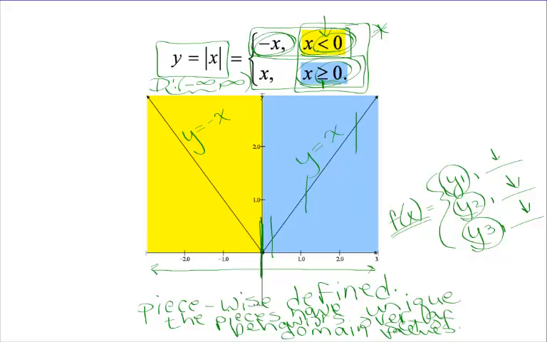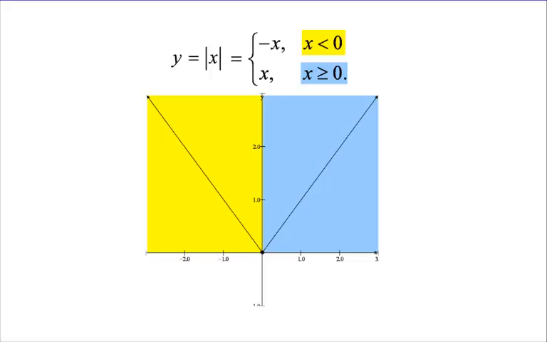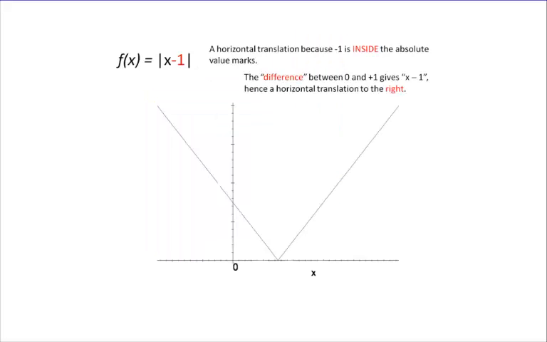So all of these are going to be a subset of the domain of the entire function. Don't let piecewise defined functions confuse you. They're not that confusing. Let's go back to the absolute value function.